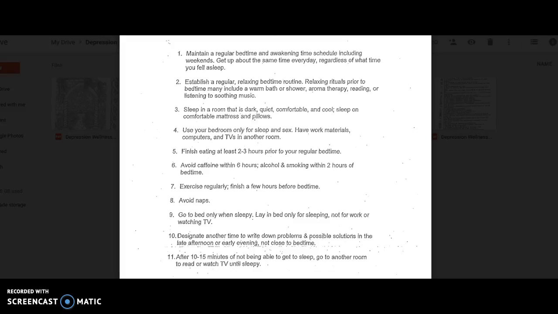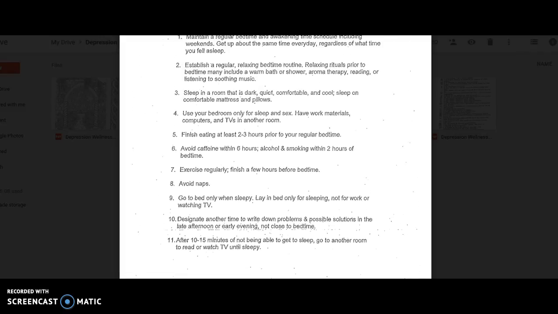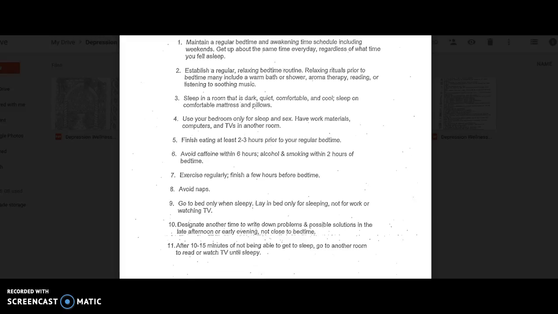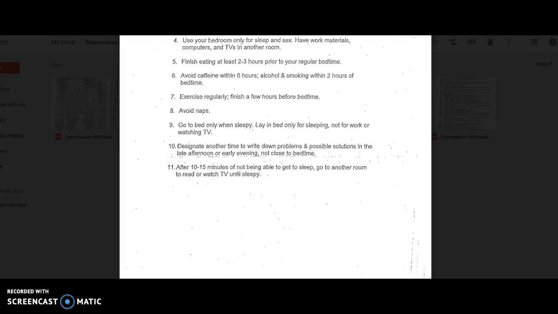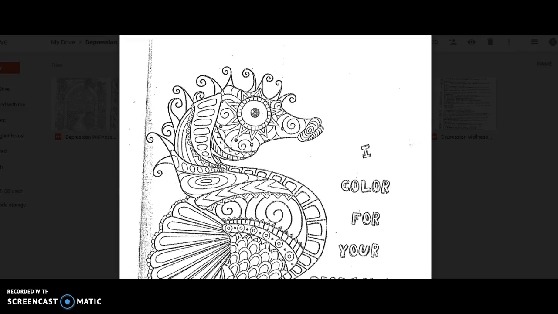And the more healthy, restorative sleep you get, the better your depression gets, or I should say your wellness increases and your depression starts to decrease when you get some good sleep. Sometimes when you're depressed, you actually sleep too much, or you have a hard time getting to sleep. So this little routine will help with that. I'm not saying it's going to cure it overnight, but it definitely will help.